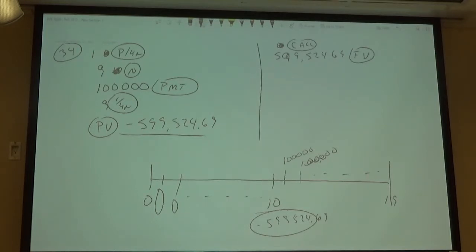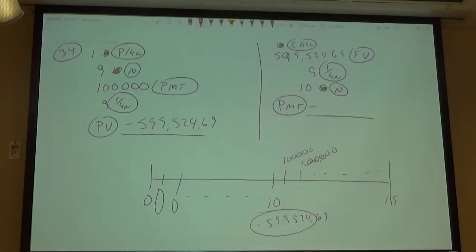Always 9%, yep. And that's for 10 years. And solve for payment. So 599,524.69 future value, 9% interest rate, 10 years, solve for payment.